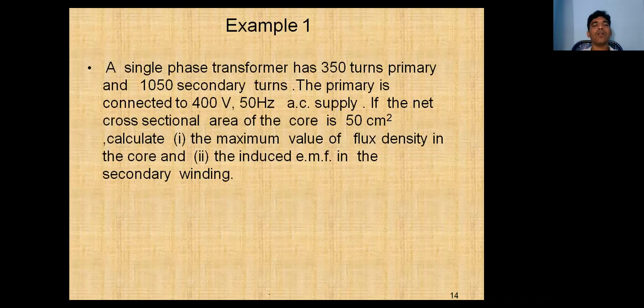If the net cross-sectional area of the core is 50 centimeters square, calculate the maximum value of flux density in the core and the induced EMF in the secondary winding.